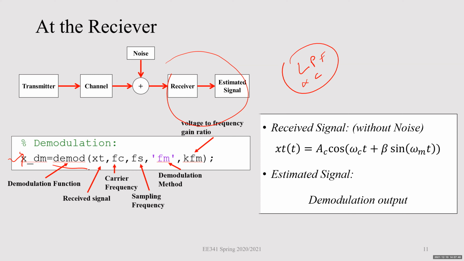So here you write your received signal, the carrier frequency, the sampling frequency, and then fm as the demodulation method. So it's the frequency modulation method, fm, and then kf is my frequency sensitivity, also known as the voltage to frequency gain ratio. Then you will get your estimated signal after passing through this.